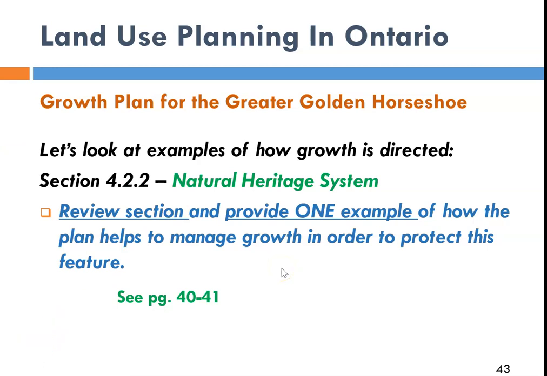So if you pause the video for a second, do that review, have a look at section 4.2.2 and see some of the minimum standards or guidance that this provincial plan is providing to municipalities on how they can do that. How can they continue to grow while also being protective of natural heritage systems?